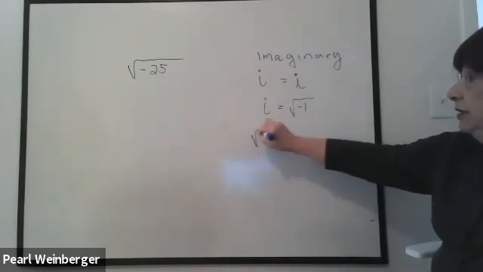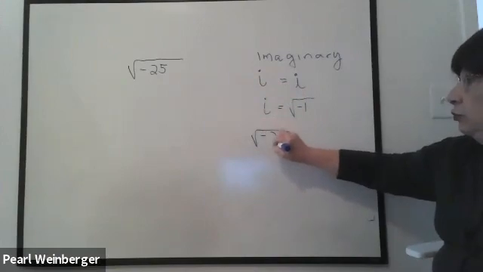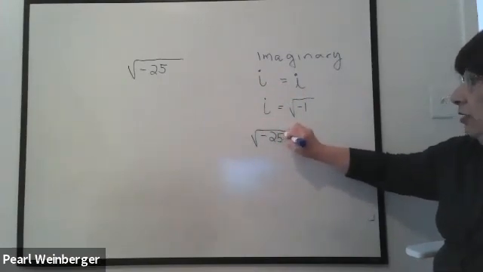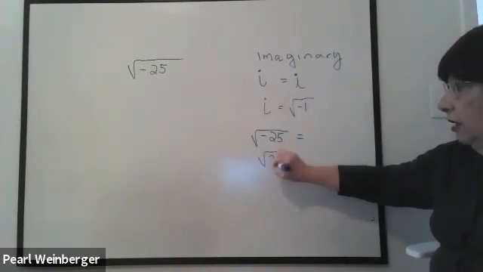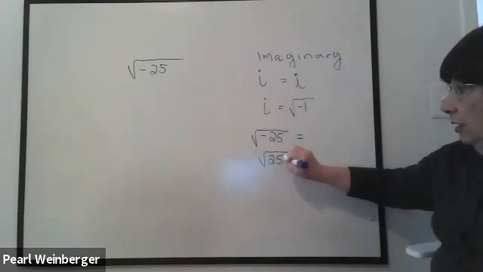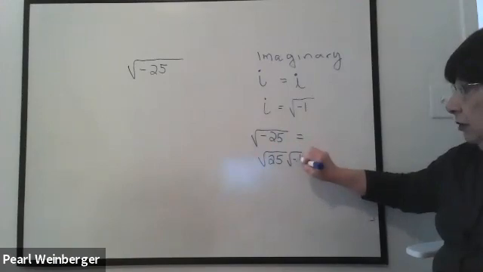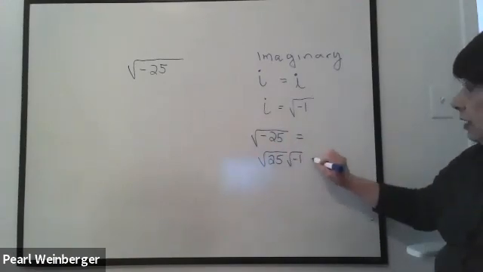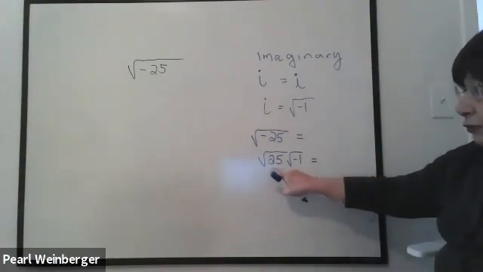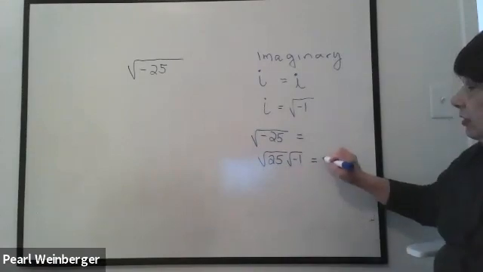Because if I have something like the square root of negative 25, I could break that up into the square root of 25 times the square root of negative 1, because 25 times negative 1 is negative 25. And now this square root of 25 is a regular real number because it doesn't have any negative in it. Square root of 25 is 5.